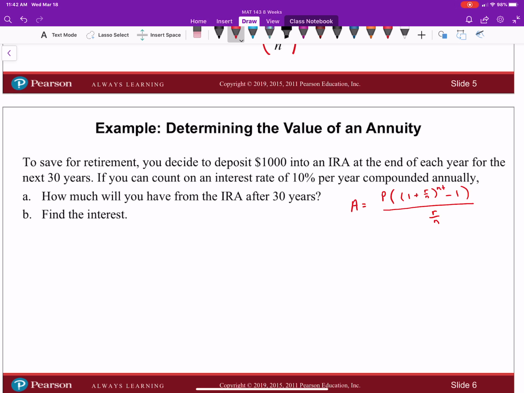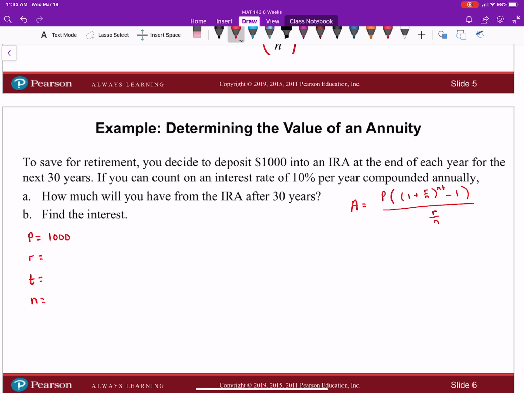So when we look at this problem, we're going to plug in what we have. Like I told you during class, we're going to say what our P is, our R is, our T is, and our N is. We're looking for A. So our P in this case would be 1,000, because that's what we start off with.